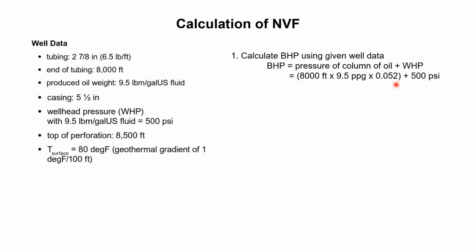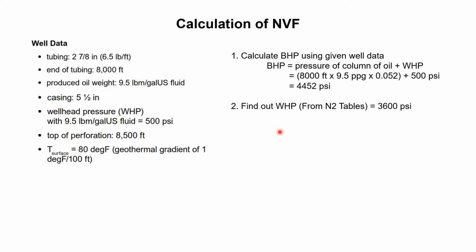So 0.052 into density of the fluid into the length of the interval for which we want to calculate the pressure. Because we want to displace the tubing and the length of the tubing is 8000 foot, we'll use 8000 feet plus wellhead pressure. Wellhead pressure is 500 psi. When we solve this equation, we'll get 4452 psi. So this is the first step, bottom hole pressure calculation.